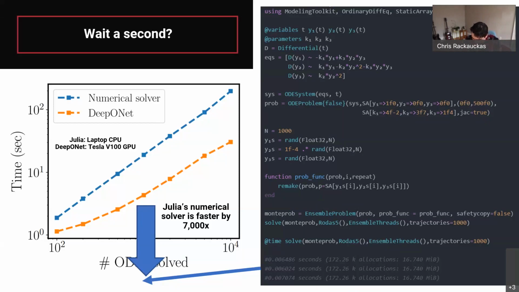How much that information will help remains to be seen, but we can go case by case and see that optimizing classical numerical solvers and mixing them with neural networks seems to be a very computationally efficient approach.